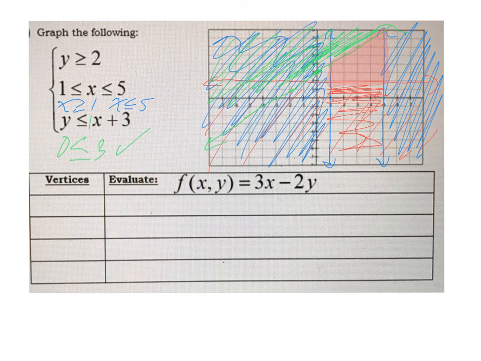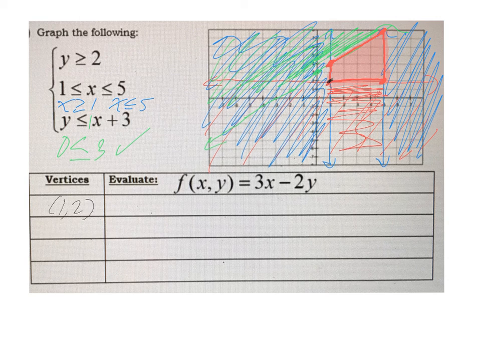Actually, it looks like a sideways trapezoid, if you can picture that. Let's see if I can highlight this a little bit. If you can see that this is our feasible region. Nice thing about this one is all four of those vertices look like they're going to be pretty easy to identify. They're all pretty easy to read right off of that graph. So the first one looks like 1, 2 right there.